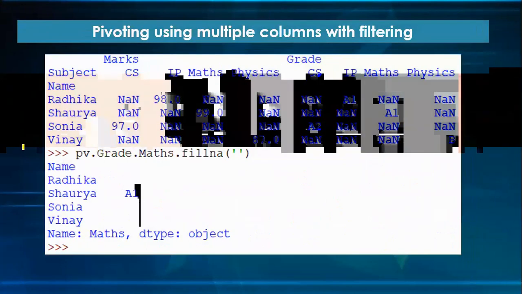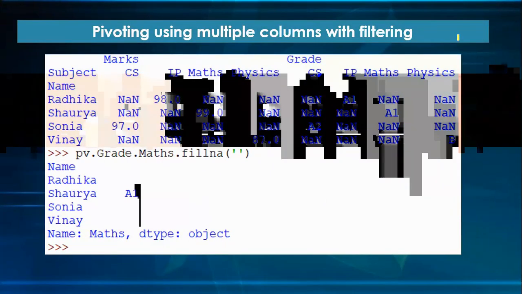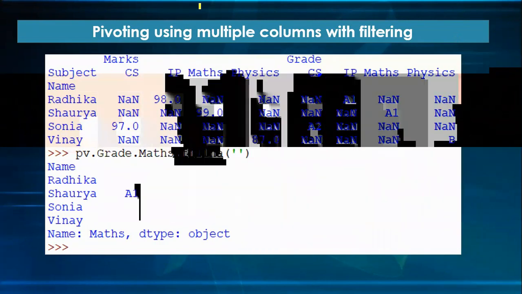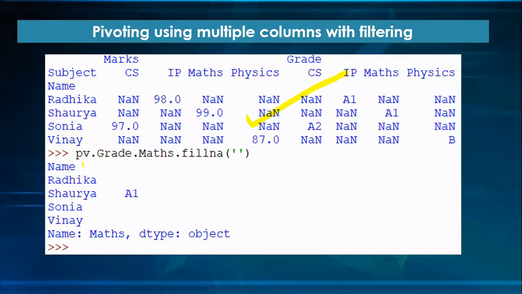Pivoting using multiple columns with fillna or with filtering, it means by giving some conditions. So this is an example of filtering. pv.grade dot maths dot fillna blank. Very easy. We will start here. PV means this data frame. Dot grade means grade here.